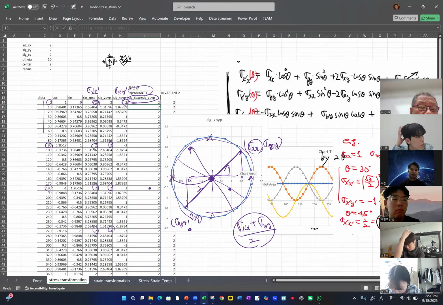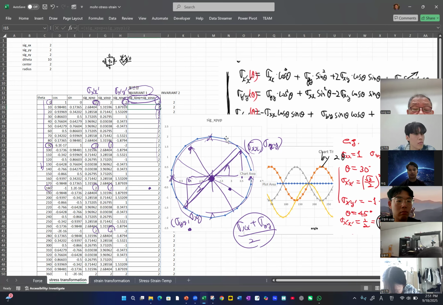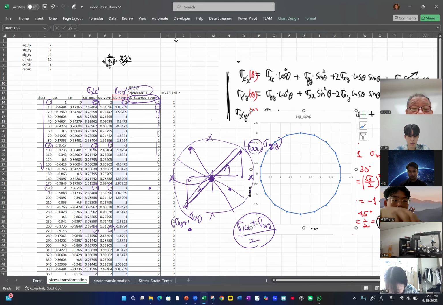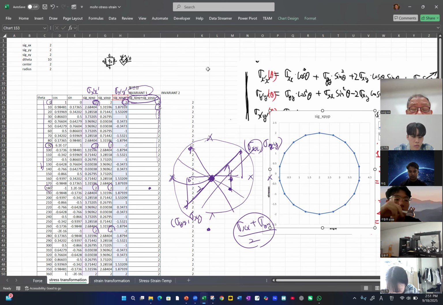No matter how the angle changes, this position remains the same. So the first invariant represents the center of this circle. And how about the second invariant?